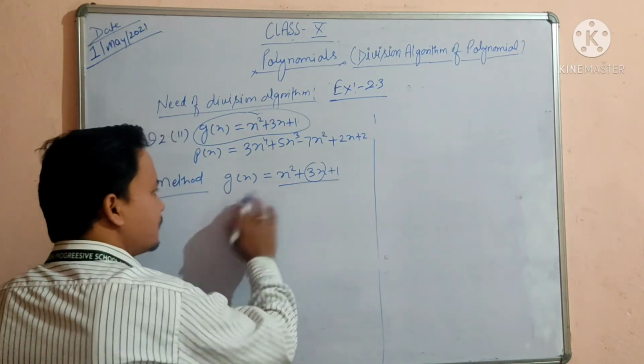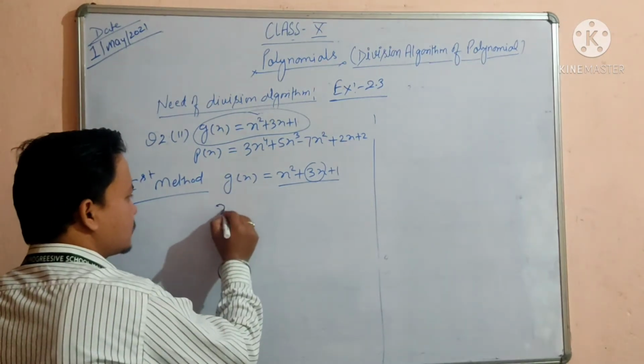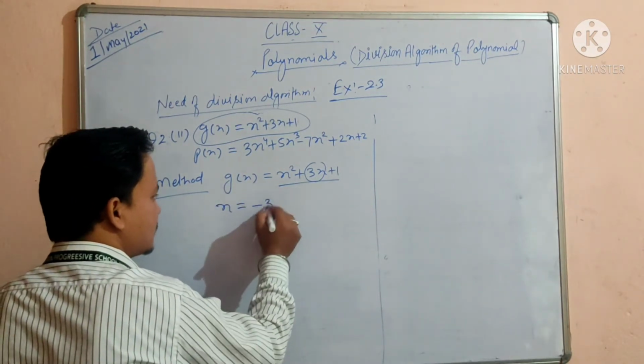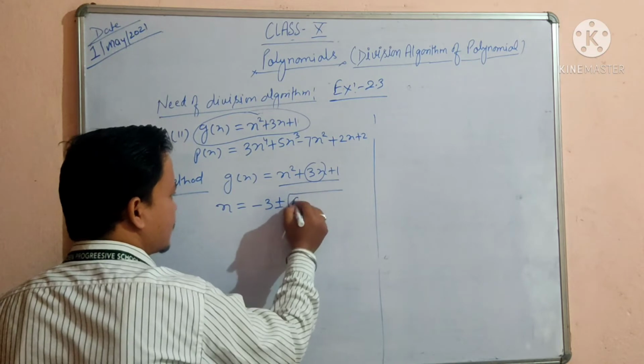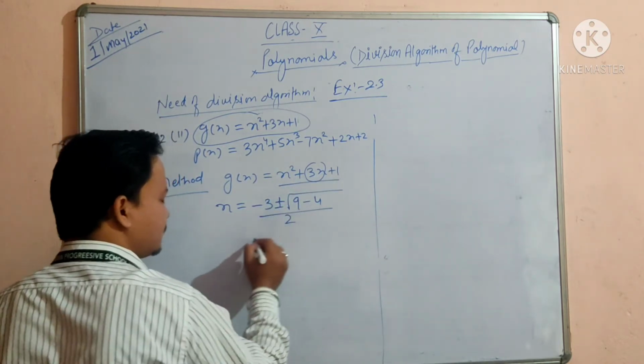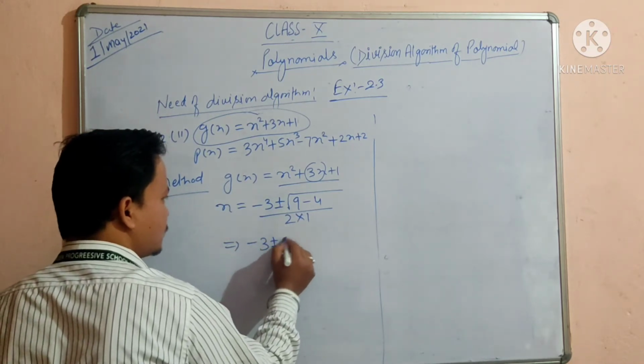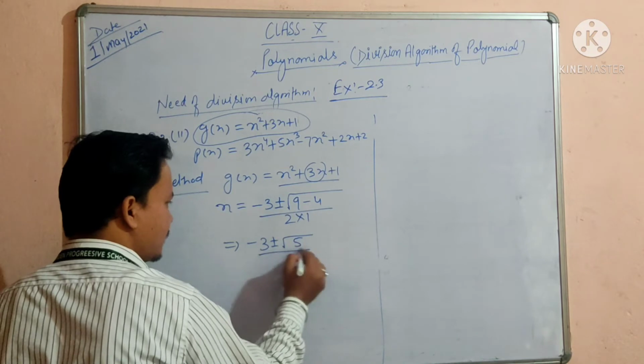No. So we can apply the Sridharacharya formula. So x is equal to minus b, that is minus 3, plus minus root of b square minus 4ac, upon 2a, 2 into 1. So this will be minus 3 plus minus root of 9 minus 4, that is 5, upon 2.